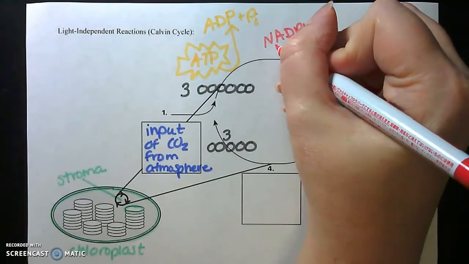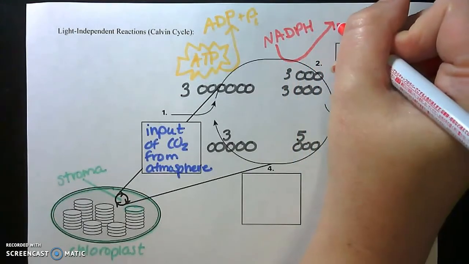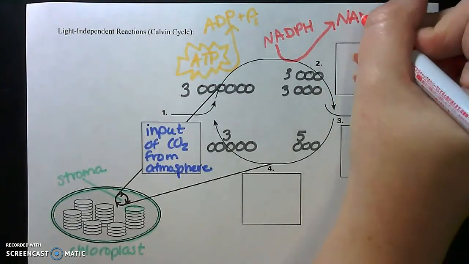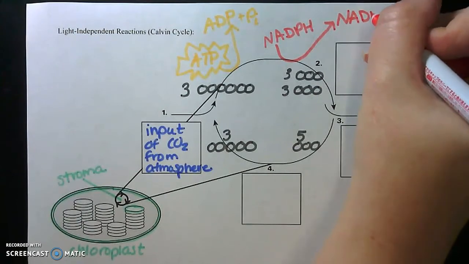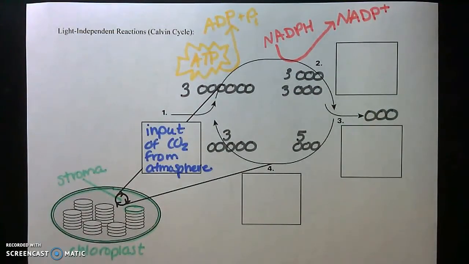Those electrons get dropped off in the Calvin cycle, and then the electron carrier leaves minus its electrons, so now it is in the form of NADP+. That is reusable, so it can go back to the light-dependent reactions, pick up some more electrons, and keep going back and forth, shuttling those electrons with it.